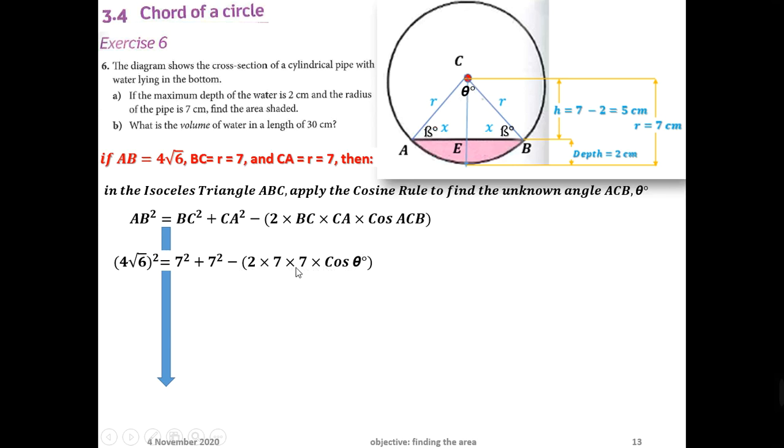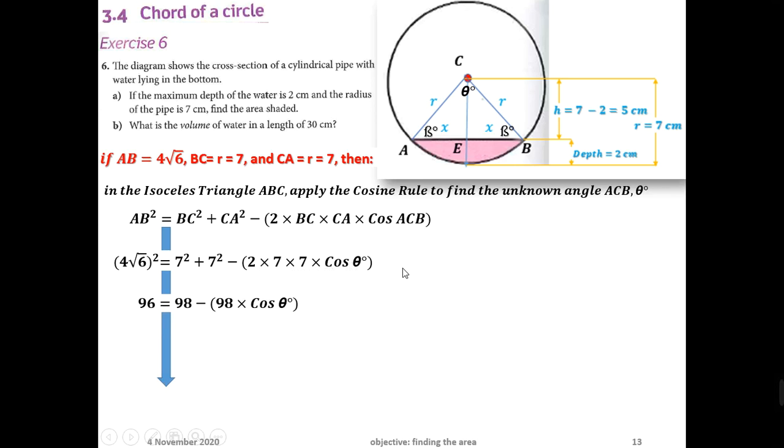We substituted in the cosine rule. Now, all what we need to do is to simplify. So, 4 square root of 6 squared is going to come down to 96. And 7 squared plus 7 squared is 98 minus, then 2 times 7 times 7 is 98 cosine of theta.